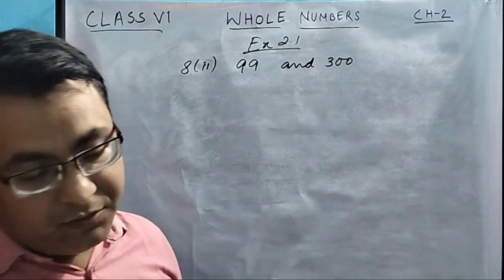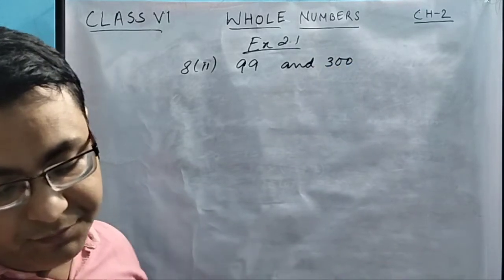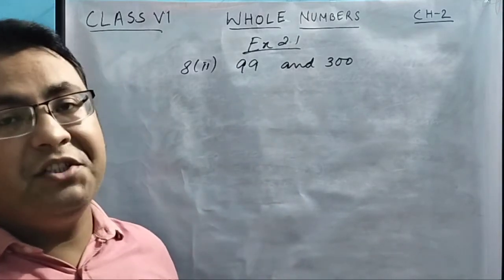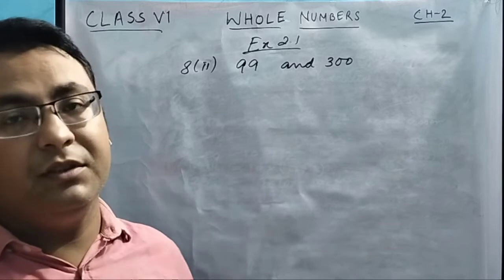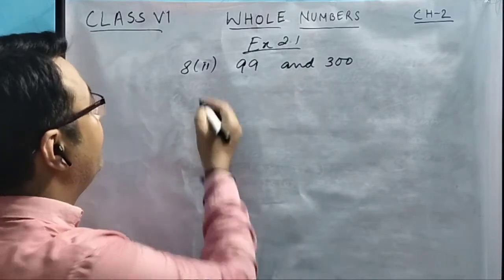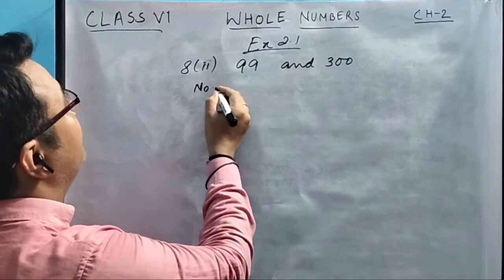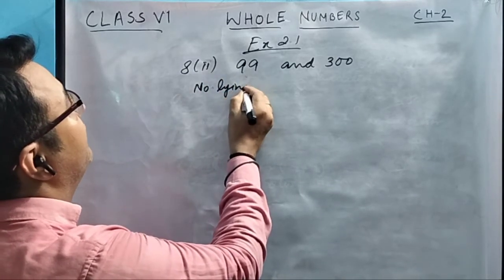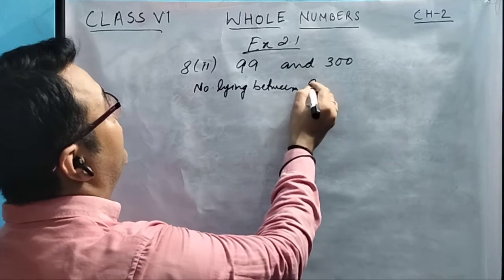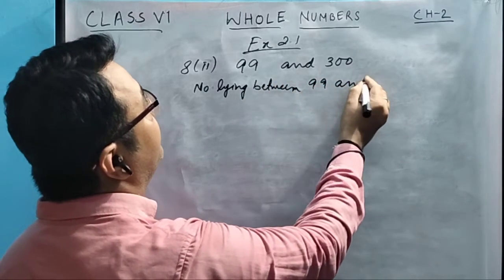Whenever the word between is used in the question, we will not take the first and last numbers. And how to find the number of whole numbers lying between 99 and 300?